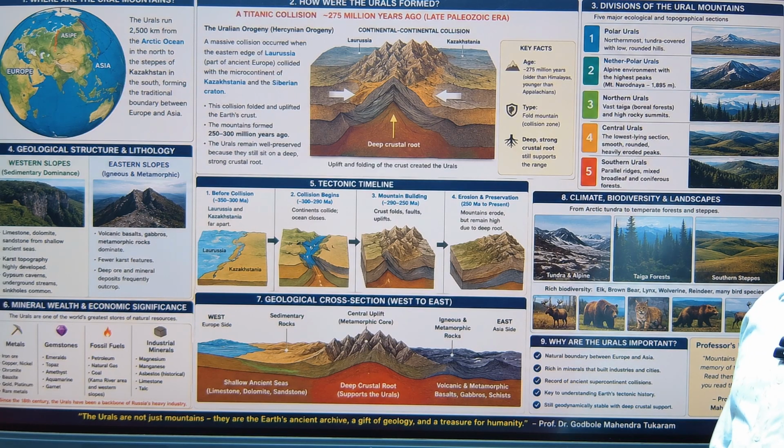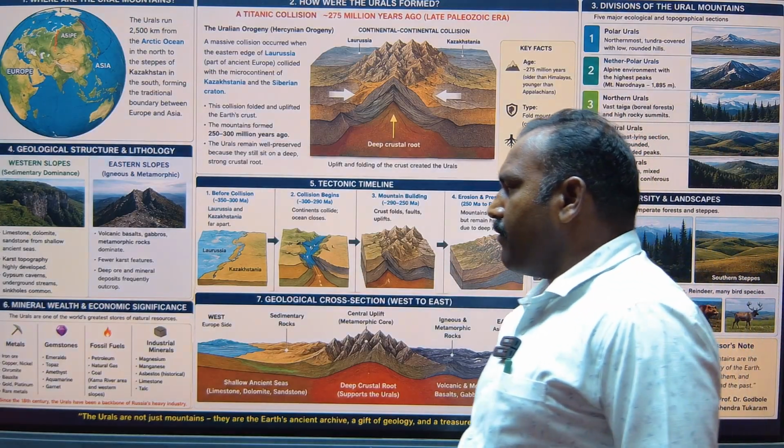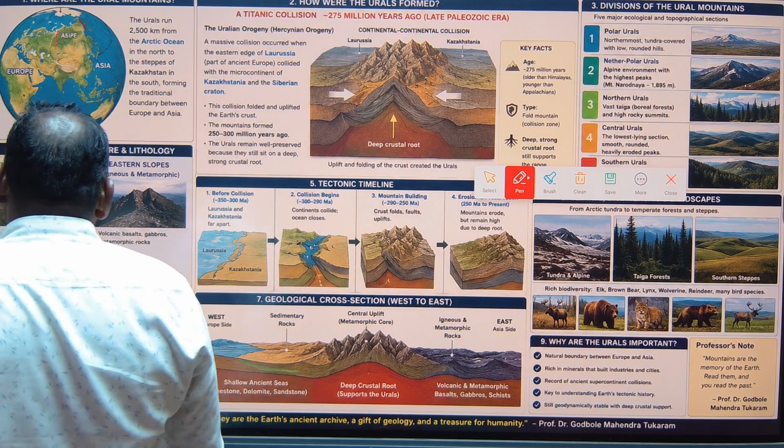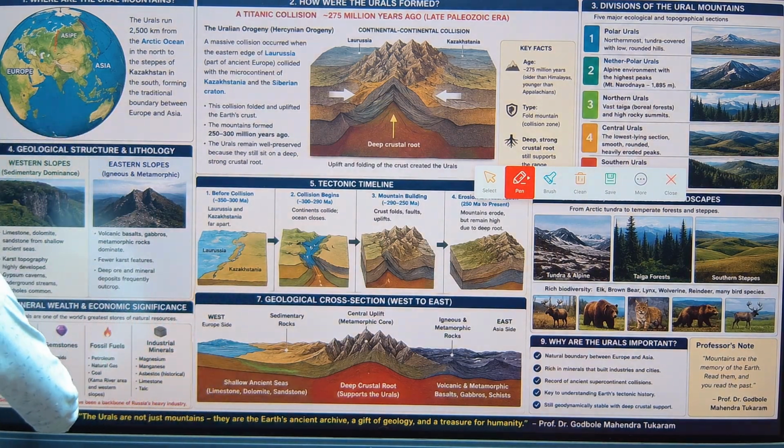The Ural mountains have iron ore, copper, chromite, bauxite, gold, platinum, and rare minerals. Those come in the category of metals. Among the non-metals, the gemstones used for beautification, emerald, topaz, amethyst, aquamarine, and garnet, are also prominent in the Ural mountains.